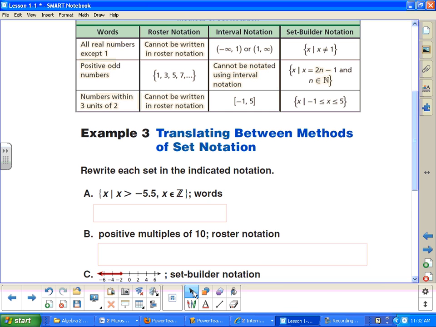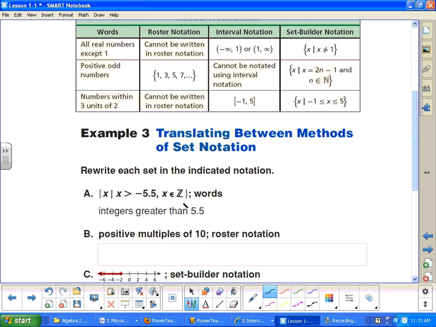Okay? Integers greater than negative 5.5. So that would be negative 5, negative 4, negative 3, negative 2, negative 1, 0, and so on. Okay? Yep.